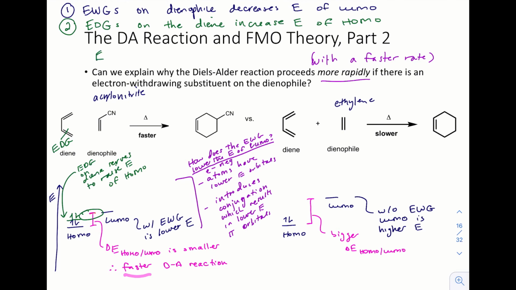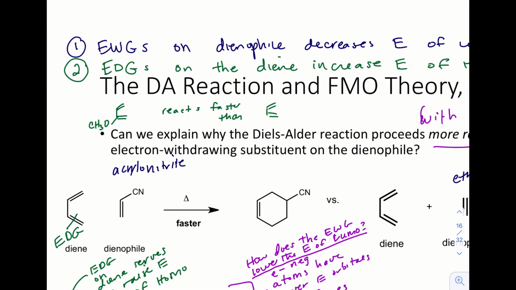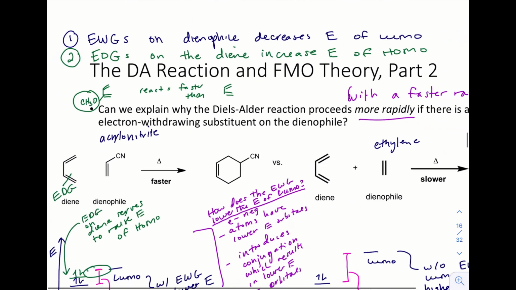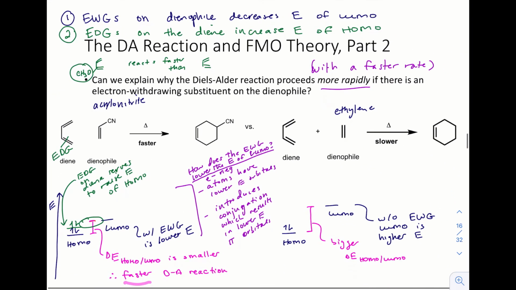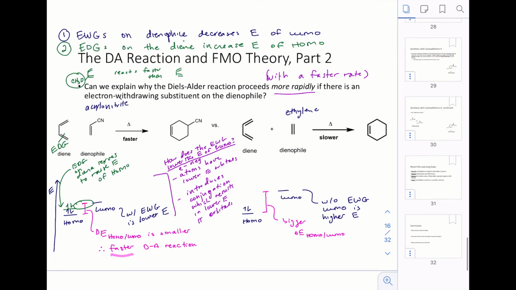So for example, this diene would react faster in the Diels-Alder than just the 1,3-butadiene with the same dienophile because it has an electron donating group and a higher energy HOMO, which makes it a better nucleophile. FMO theory can explain everything, right?